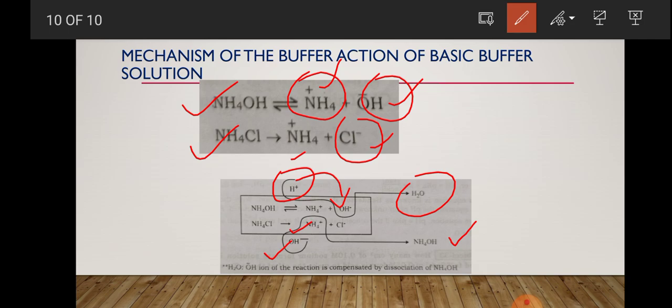So the newly formed ammonium hydroxide is undissociated. That's why there will be no change in the pH of the mixture. So we can conclude that in basic buffer solution, if you add some acid or base, whatever it is, it doesn't change its pH.